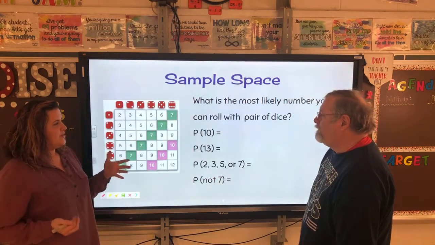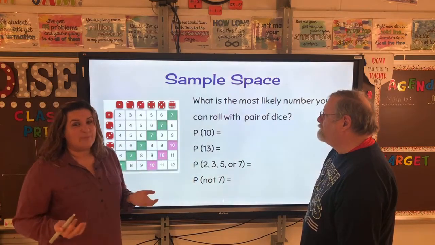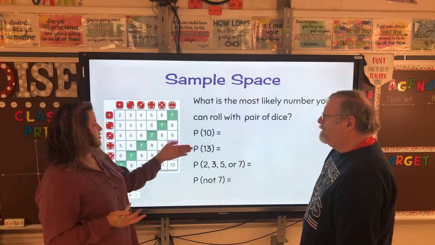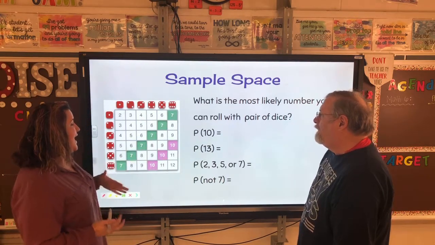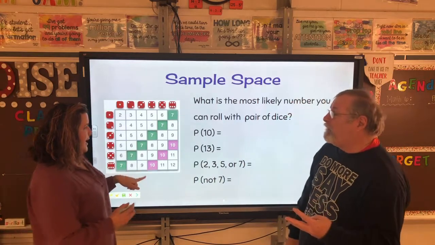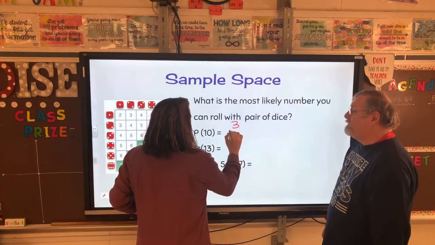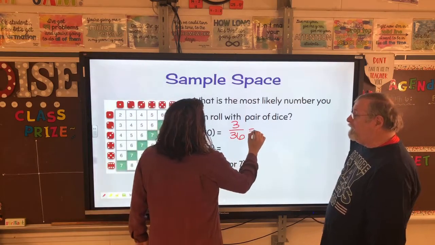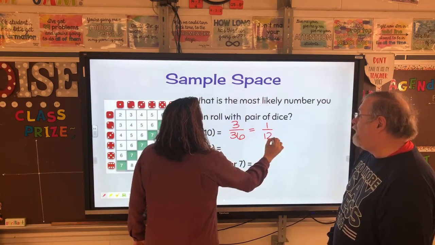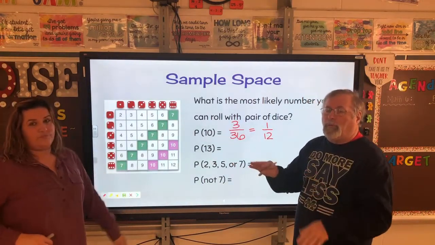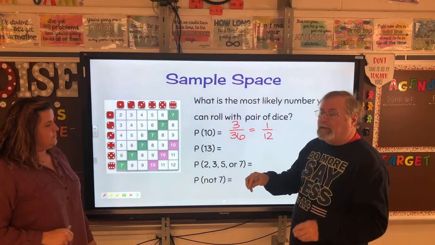The probability of a 10 with 2 dice is 3 out of 36. I could divide both by 3 and simplify that to 1 out of 12. This shows the theoretical probability of it happening.